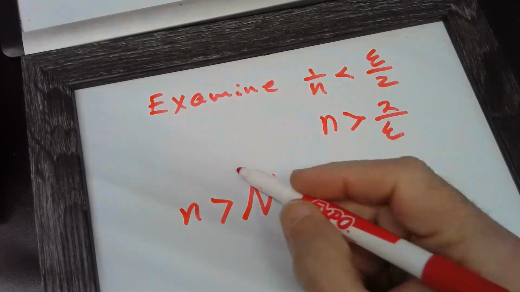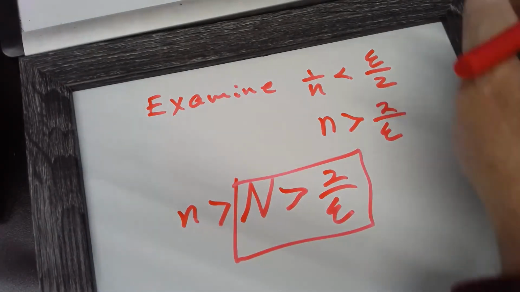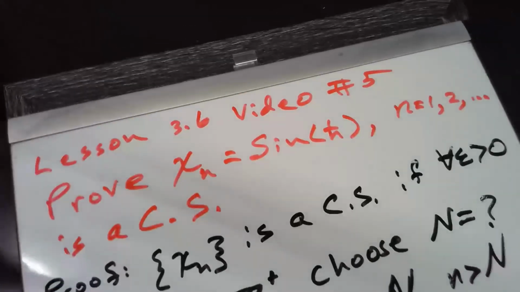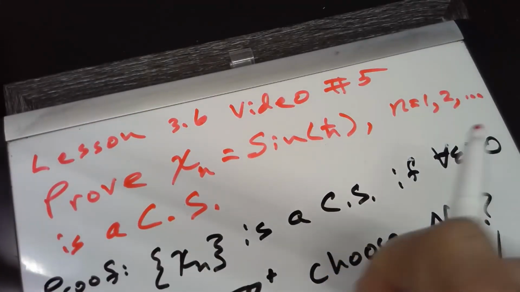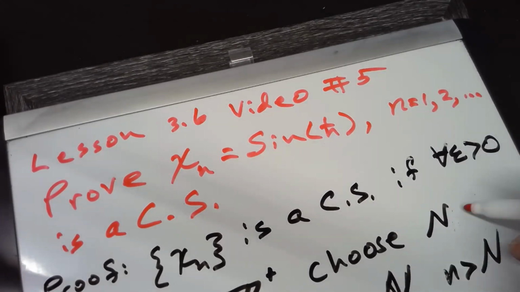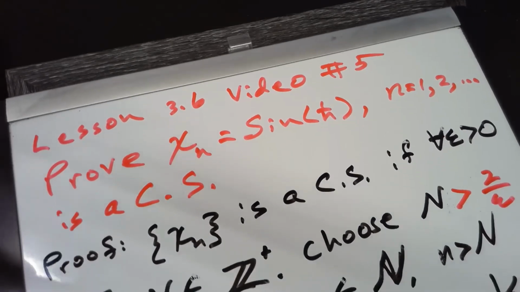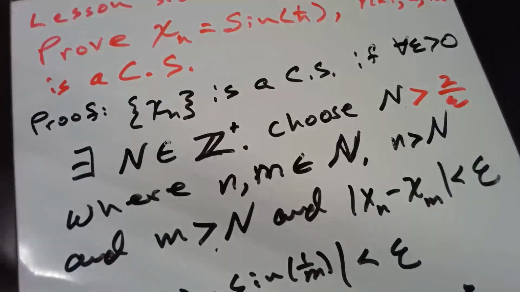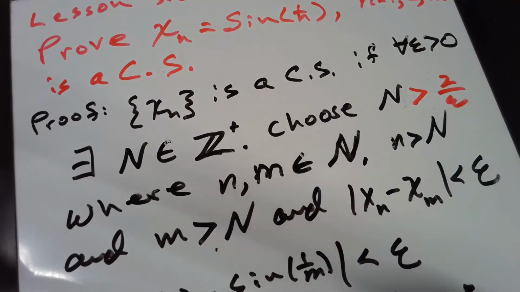So we can use this back here. We can say n in our proof is greater than 2 over epsilon, and from there we can go back and do our proof.